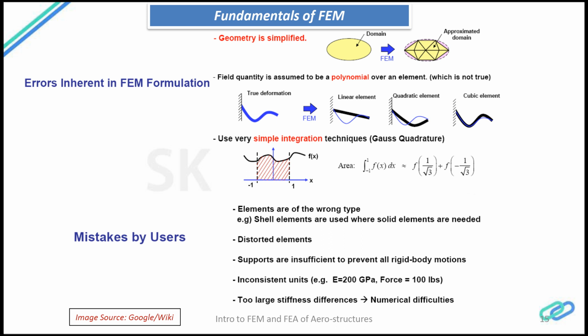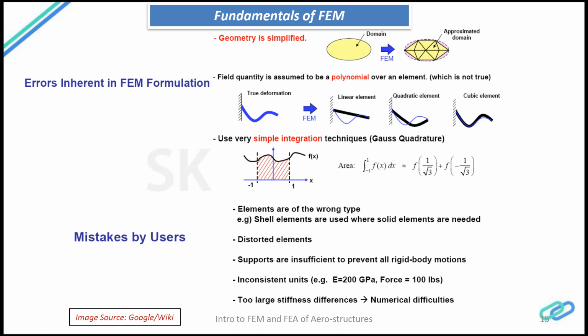What happens over here is that whenever there is a deformation of the structure which is very complex, it may not be accurately captured by the mathematical model. Suppose the user has used a linear element, and the deflection might be pretty straight.